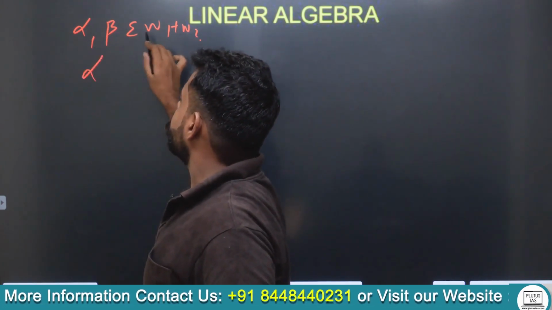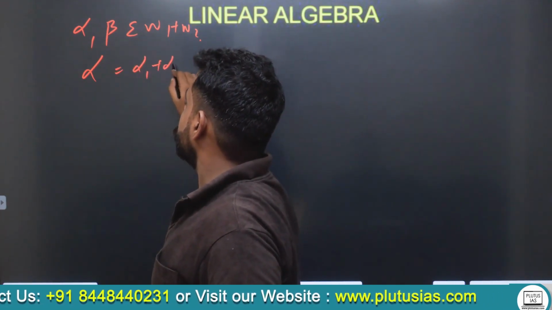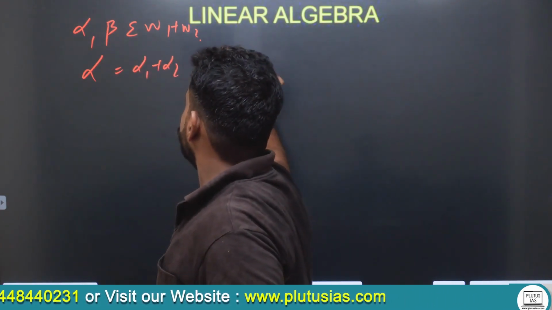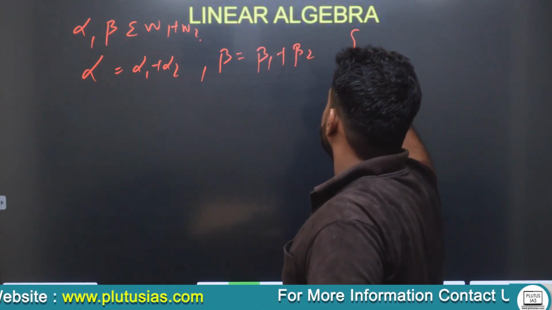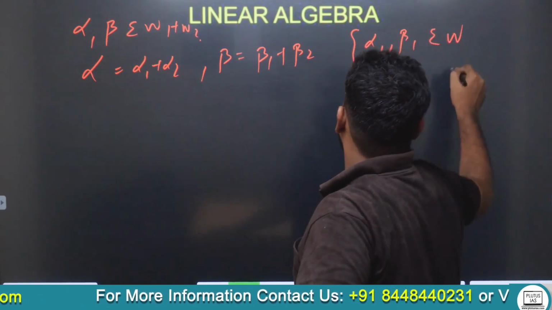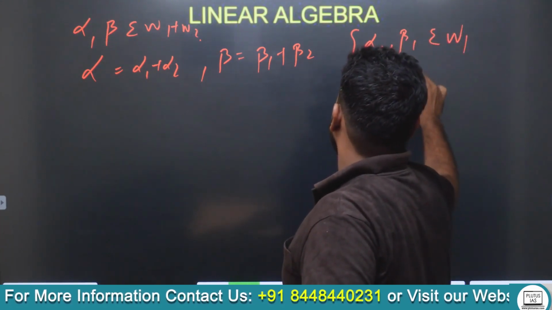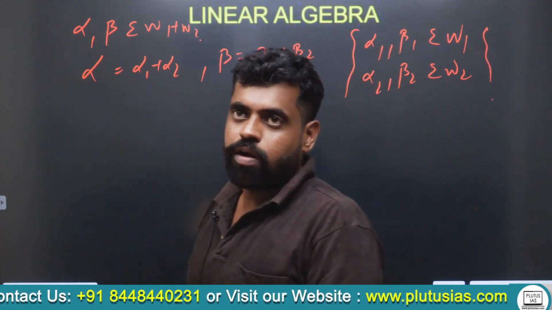So if alpha belongs to this, then alpha will be of the form alpha 1 plus alpha 2, and beta will be of the form beta 1 plus beta 2, where alpha 1, beta 1 belong to W1 and alpha 2, beta 2 belong to W2. Now what do we do?